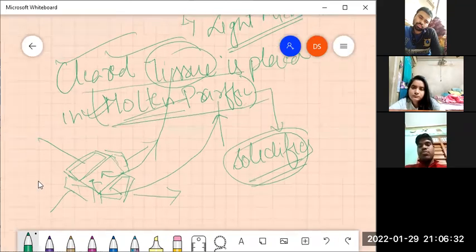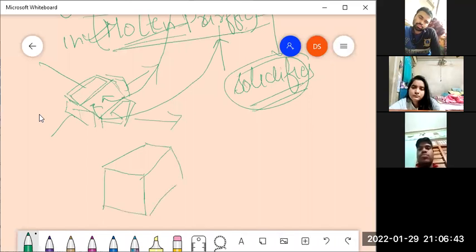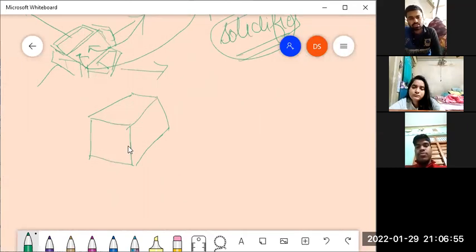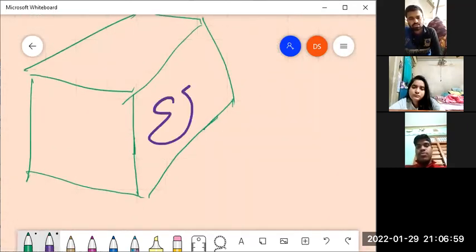And after the removal of these plates, what do you get? This block that is entirely made up of solid paraffin. How is it now solid paraffin? Because by leaving the paraffin aside, the molten state becomes a solid one. But the thing is, in this paraffin block inside, we have this cleared tissue that we are labeling as T.